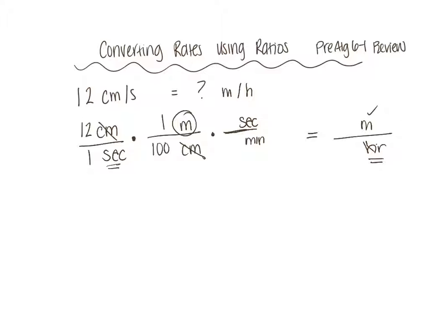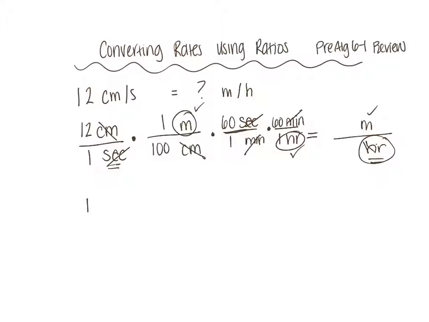What do I know about the relationship here? 60 seconds per minute. And again, we're going to end up doing minutes to hours. Minutes have to go where? Good, on top. How many minutes are in an hour? 60. Okay, now our minutes cancel out, leaving me meters per hour.